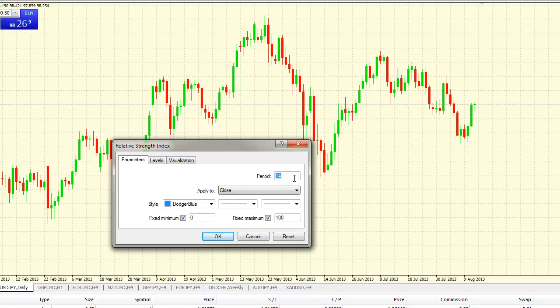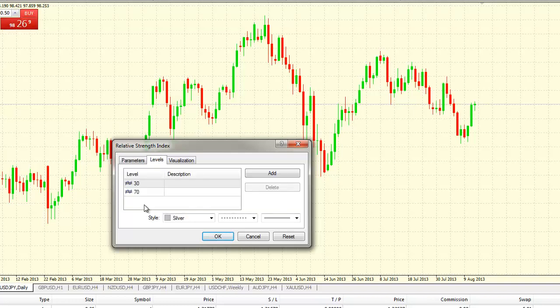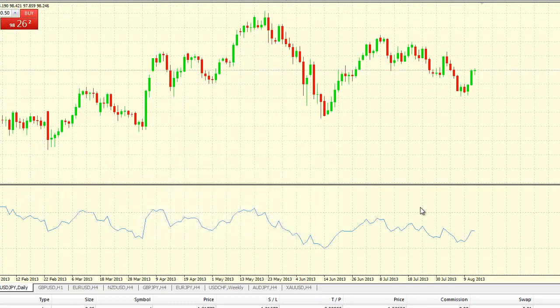What this means is that this indicator will be using the data of the past 14 periods in the calculations. The levels set between the 0 and 100 levels are 30 and 70. Having selected these parameters, we click OK.